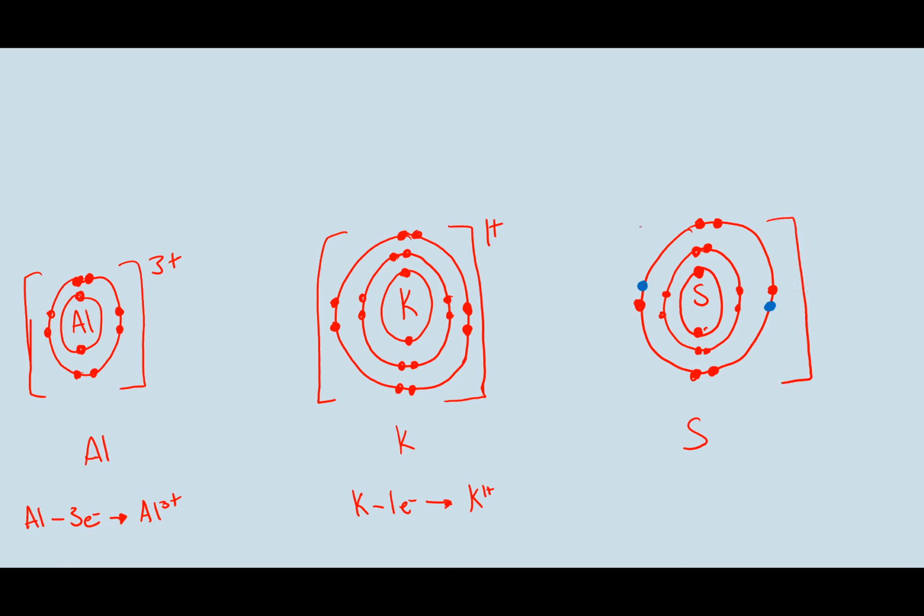We're going to put brackets around it to indicate that it's an ion, and we're going to write its charge. In this case, sulfur has a charge of -2 or 2 negative, because we've gained 2 negative charges. So sulfur, we added 2 electrons, so that yields the sulfur ion of S2-. Those are the Bohr-Rutherford diagrams for these ions.